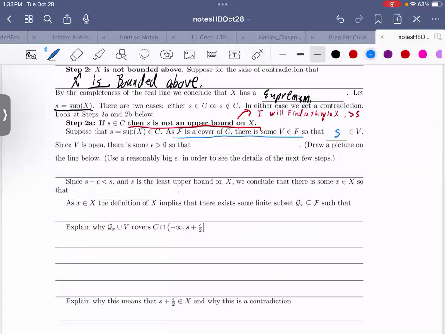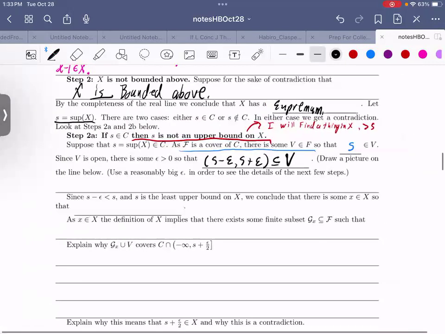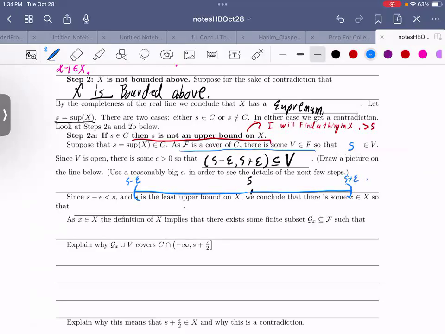Since V is open, there's some epsilon bigger than 0, so that S minus epsilon to S plus epsilon is contained in V. All right, so I know the picture is on the next page, but let's see it. So there's this S. That blue thing is S minus epsilon to S plus epsilon, and that blue thing is a subset of V. That V is an element of F.